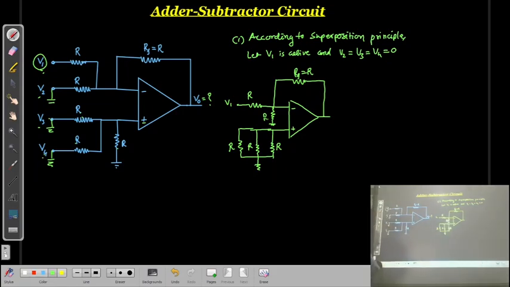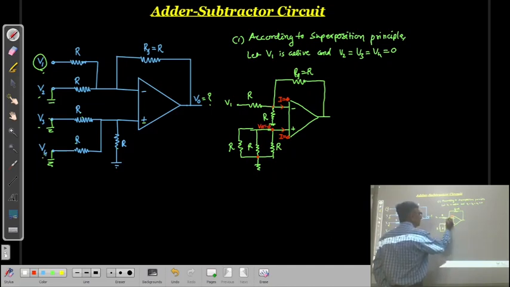Now, as you already know, if we apply the concept of virtual ground, these three resistors are connected to the ground, and the flow of current into the operational amplifier is zero. Here also the current into the op amp is zero. We consider an ideal operational amplifier. So when the current is zero, the potential at this point, VA, is zero.